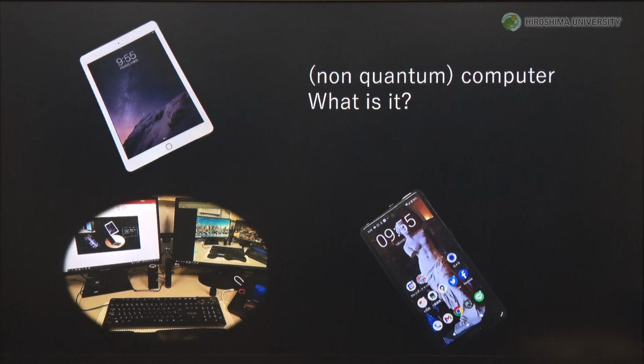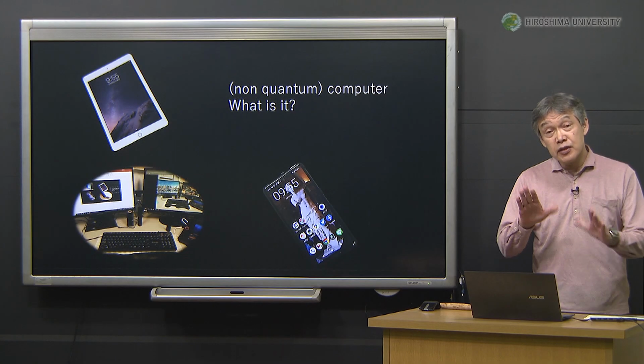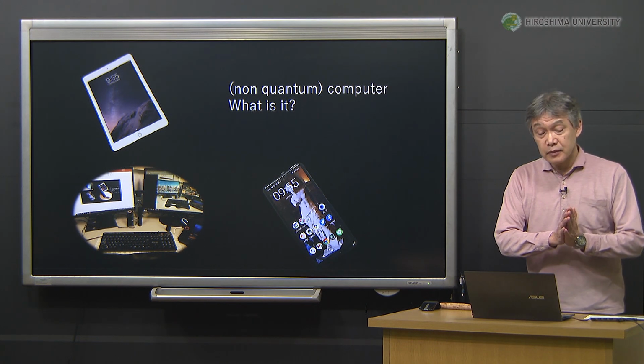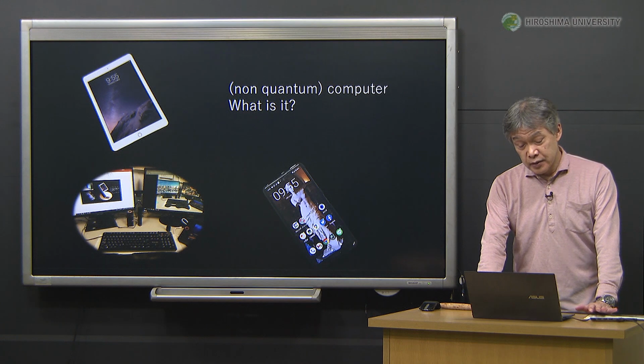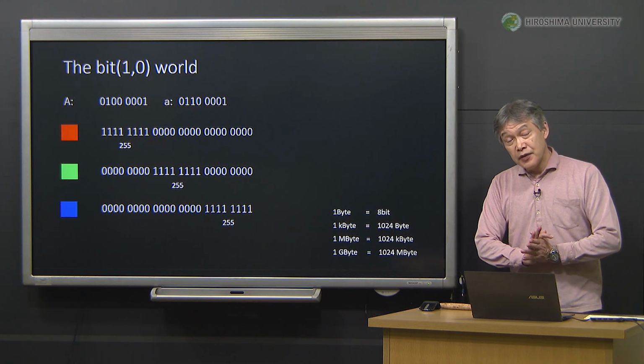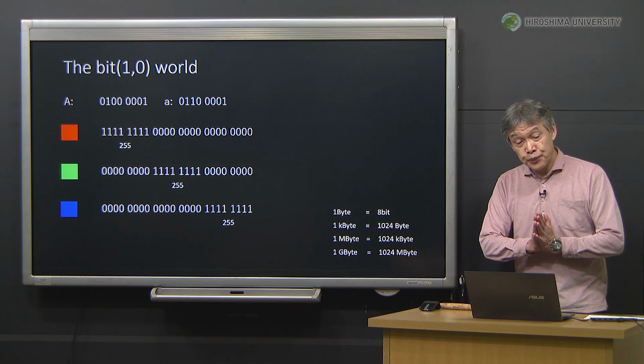Okay, let me begin with what a non-quantum computer is. Recently we see cell phones, tablets, or desktop PCs. These are all classical computers. We actually don't care about the details. However, they work with 1 and 0 based on the bit.